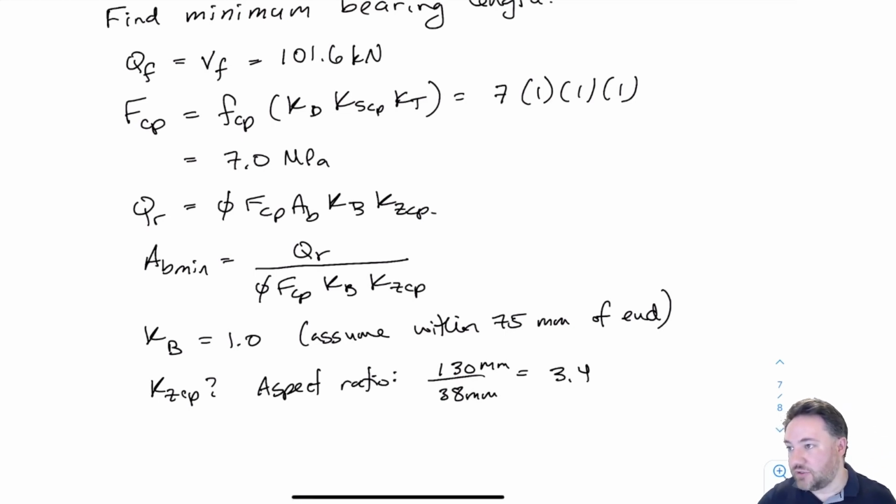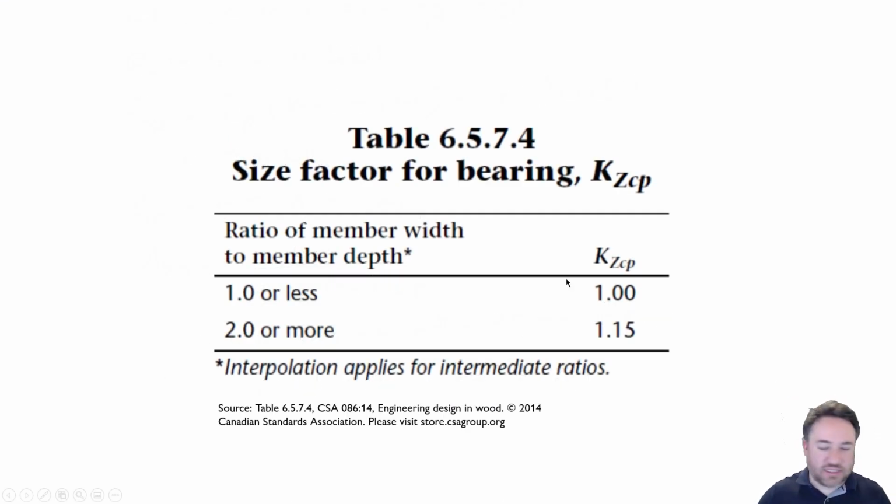So if I go to the KZCP table, yeah, here it is. If our ratio of member width to member depth, where in this case our member depth is the thickness of the ply, is 2 or more, which it is because ours is 3.4, then our KZCP equals 1.15.